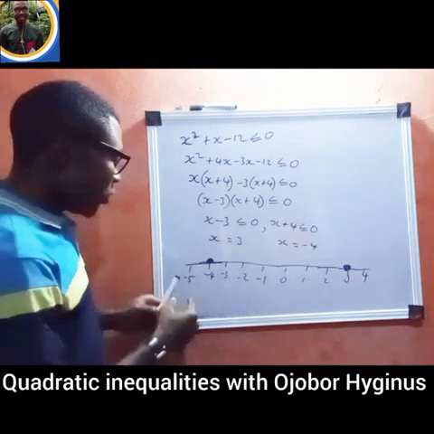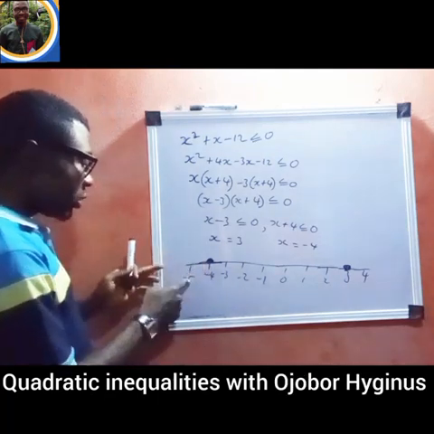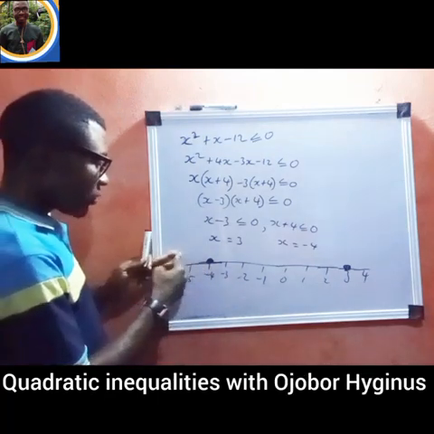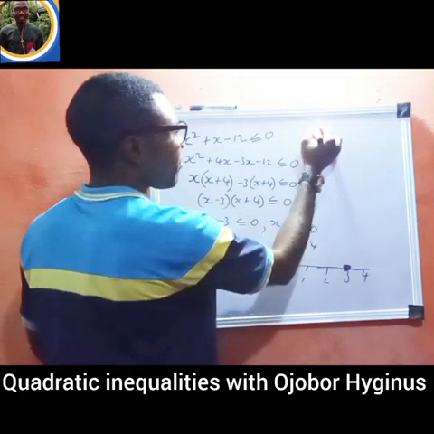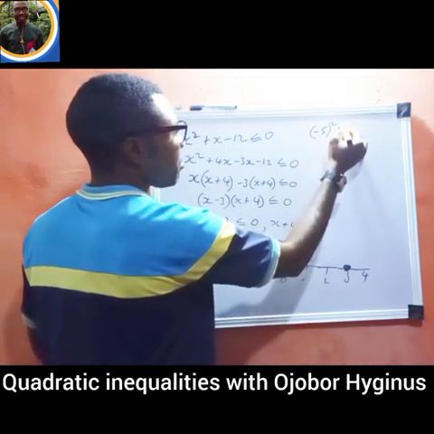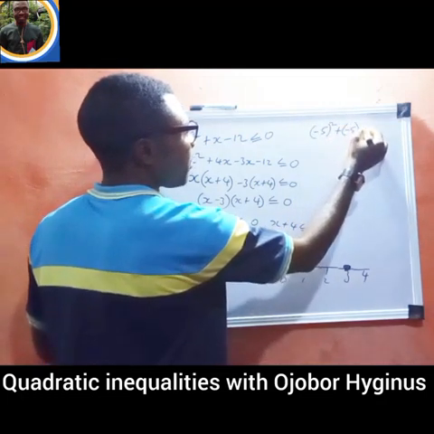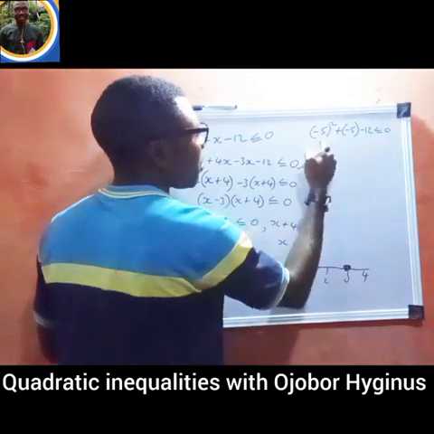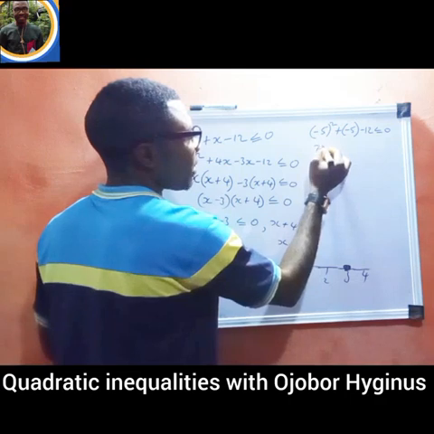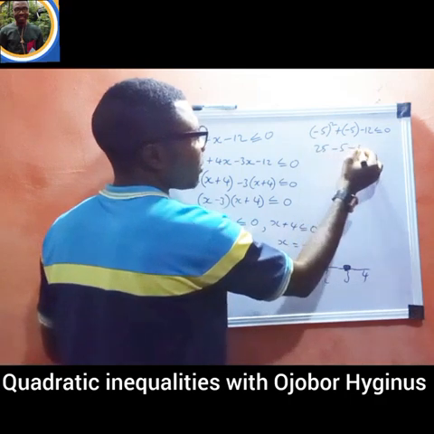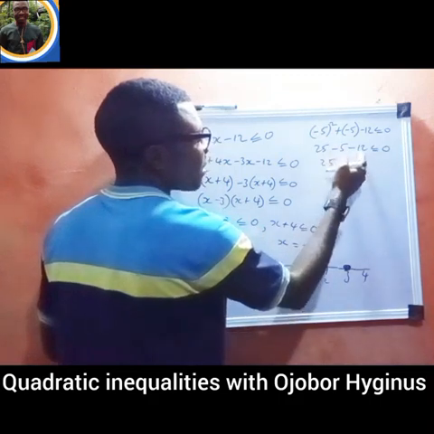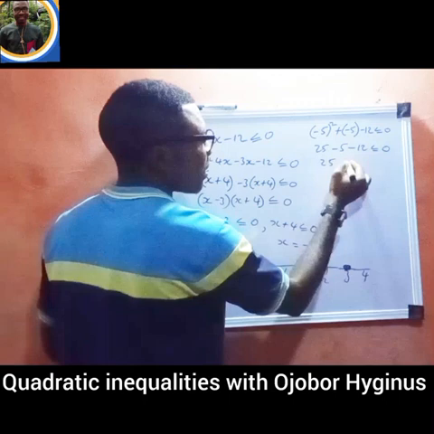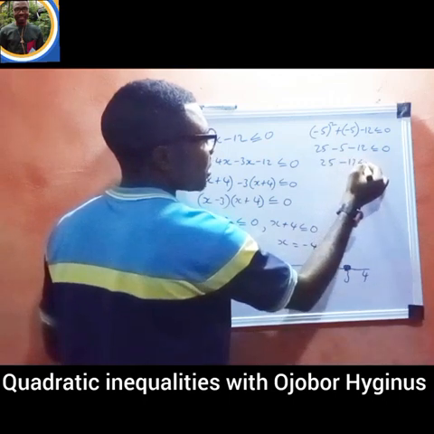Okay, so if we pick a number in the first region, which of course minus 5 is in this region, if I substitute minus 5 here, I have minus 5 squared plus minus 5, then minus 12 less than or equal to 0. Minus 5 squared is 25, minus 5, minus 12 is less than or equal to 0. 25 minus 5 minus 12 will give us what? 8 is less than or equal to 0.